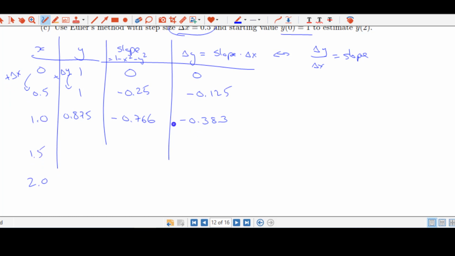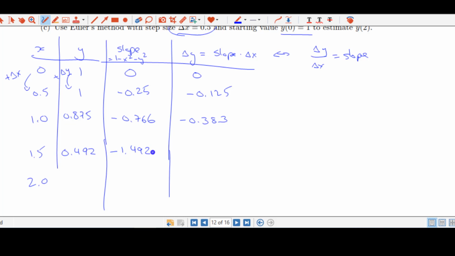All right. We've already done our delta x. We take that and we add it to our original y, and we are at 0.492. And one last step. Our slope is going to be 1 minus 1.5 squared minus 0.492 squared. That is negative 1.492.